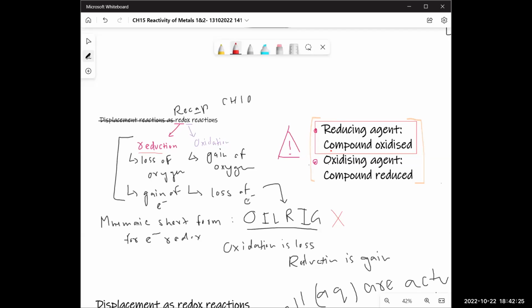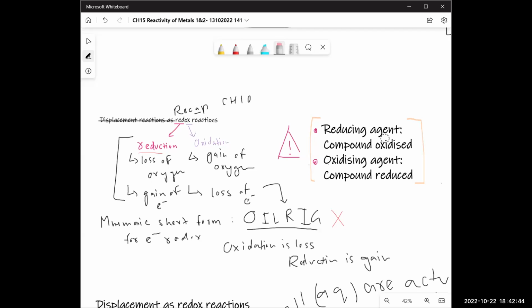Okay, but what you need to realize is, if it's called reducing agent, then it is going to be oxidized. So don't relate this with these definitions, but relate it with the word here, reduce. So reducing agent is being oxidized, oxidizing agent is being reduced.